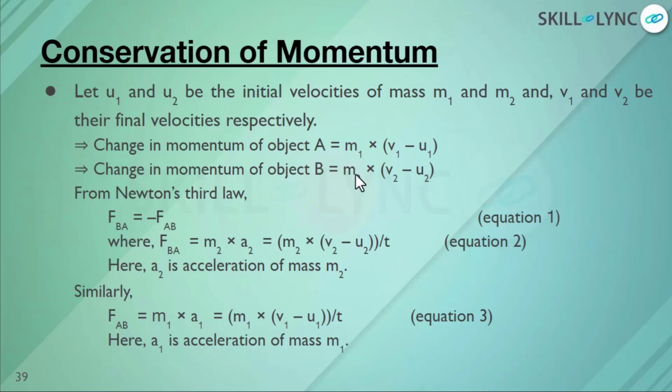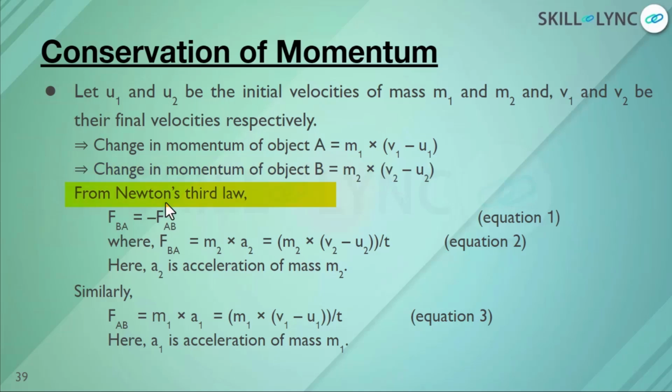The same theory applies here. m2 is the mass of object B, v2 is the final velocity of object B, and u2 is the initial velocity of object B. Therefore, the change in velocity would be v2 minus u2, and the change in momentum would be m2 into (v2 minus u2).